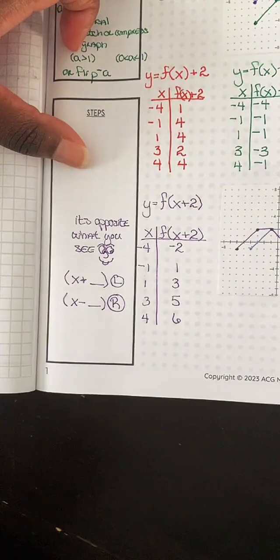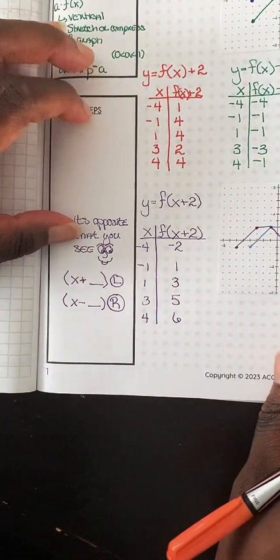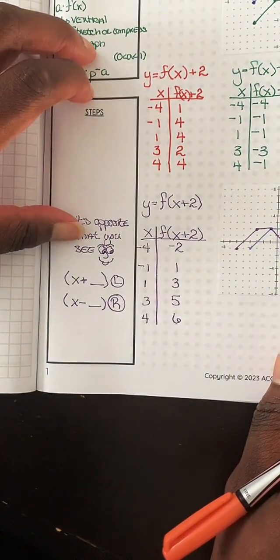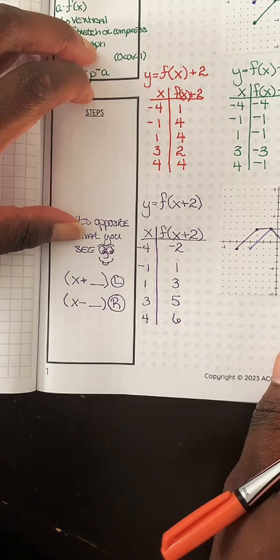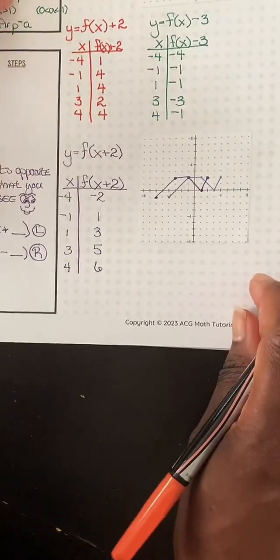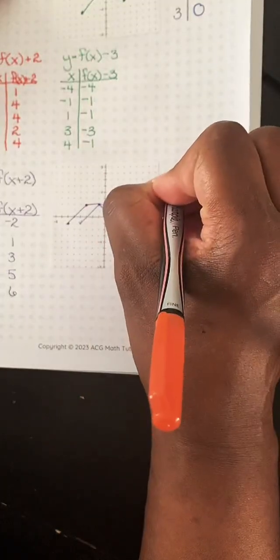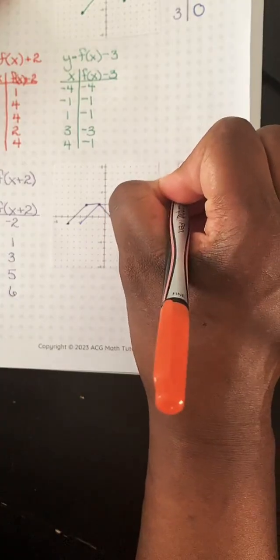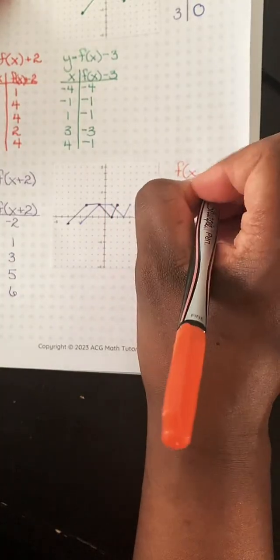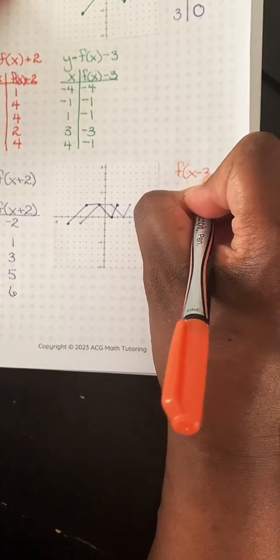So if I wanted to go, and I'm running out of colors, let me shift over a little bit. If I wanted to go to f of x minus 3, we'll just keep with the 3 pattern.